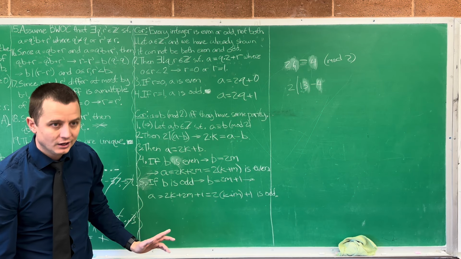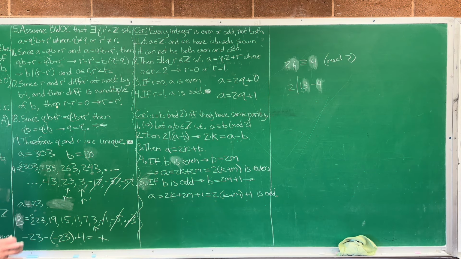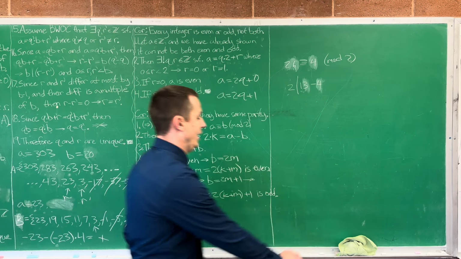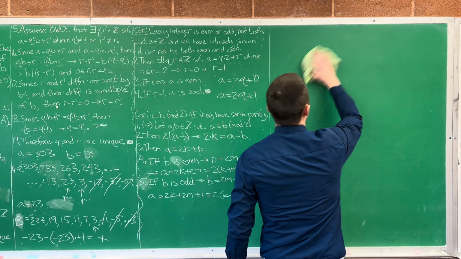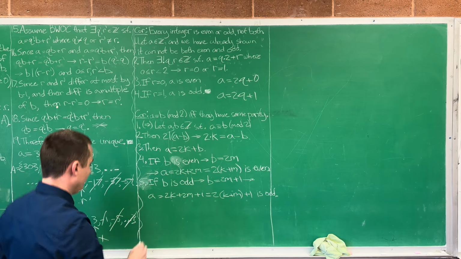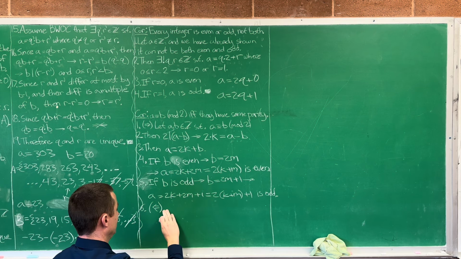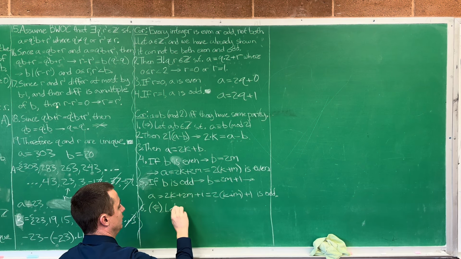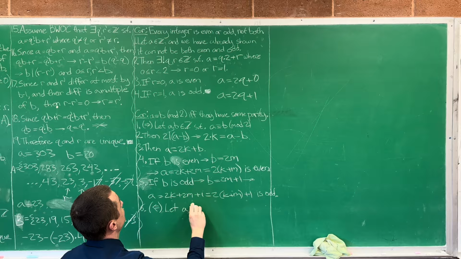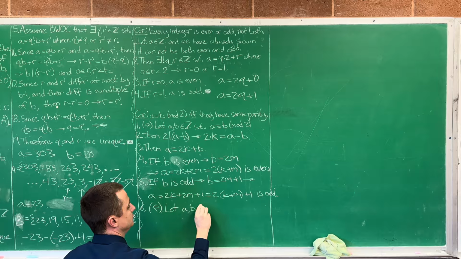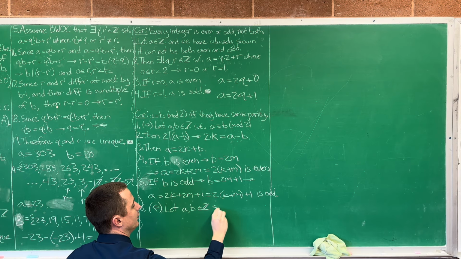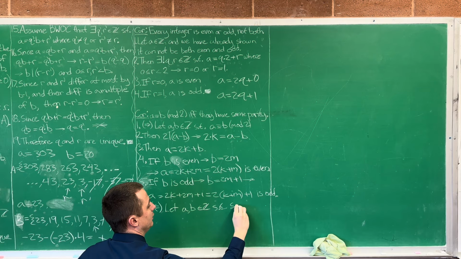Now we need to go the other direction. This time we need to do, if they have the same parity, then they're congruent to each other mod 2. So this time let A, B be integers once again, such that they have the same parity.